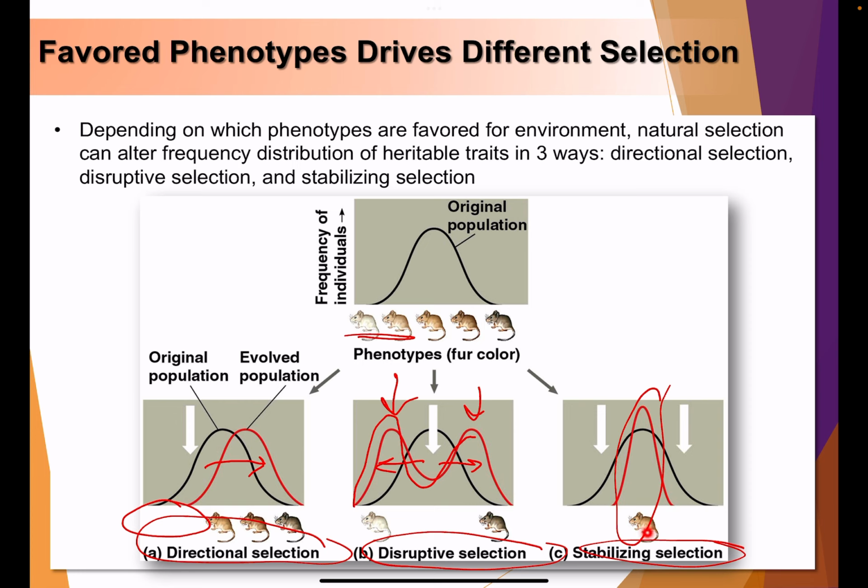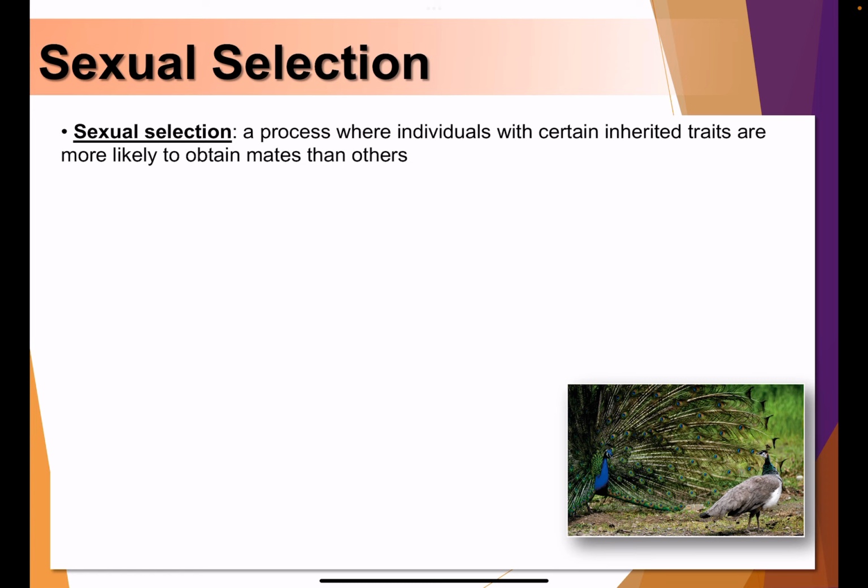But in stabilizing selection, it only favors that middle brownish color mouse. So it gets even thinner in that intermediate phenotype. That's why it's called stabilizing selection, minimizing variation. Now you just have one variation of fur color in this particular mouse population.